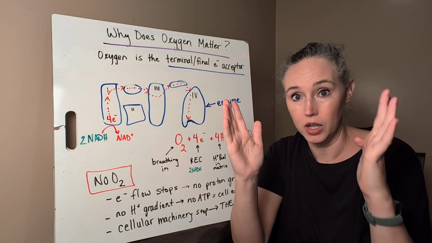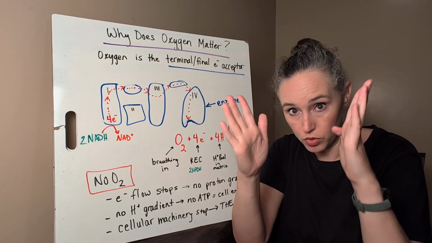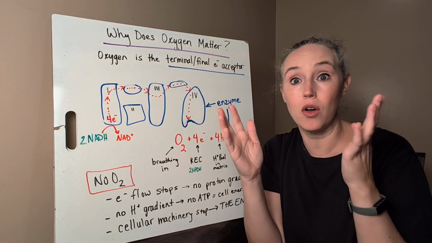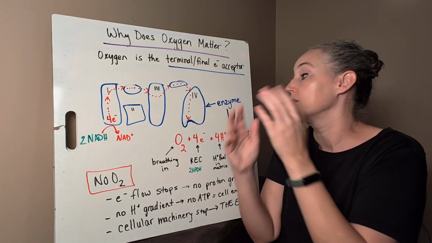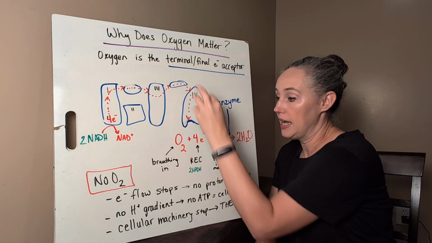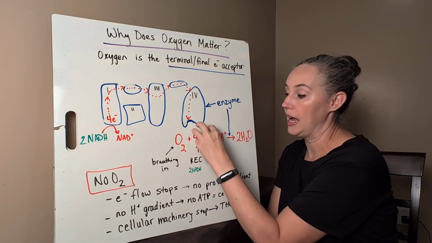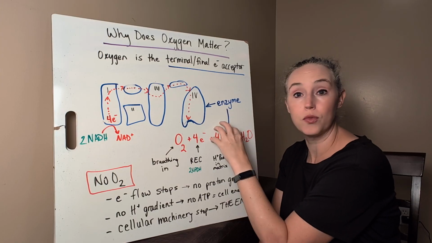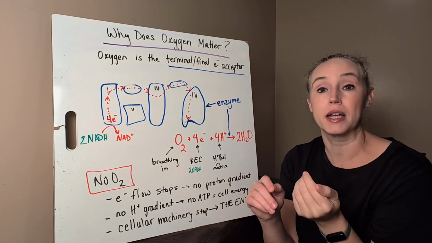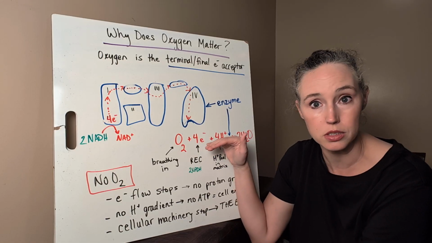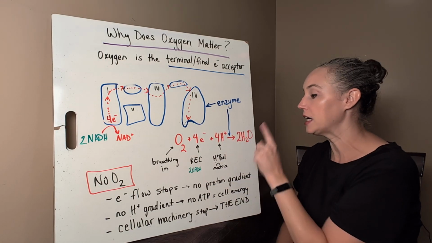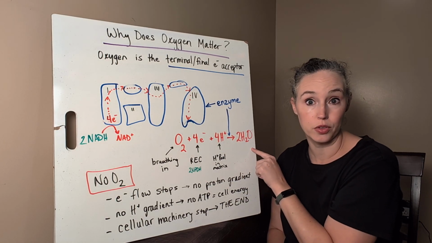So now, if that double bond is broken, now there's electrons to be accepted. So then this enzyme is going to add 4 electrons and 4 protons, and the protons are coming from the proton pool here in the matrix, to make 2 water molecules, right?